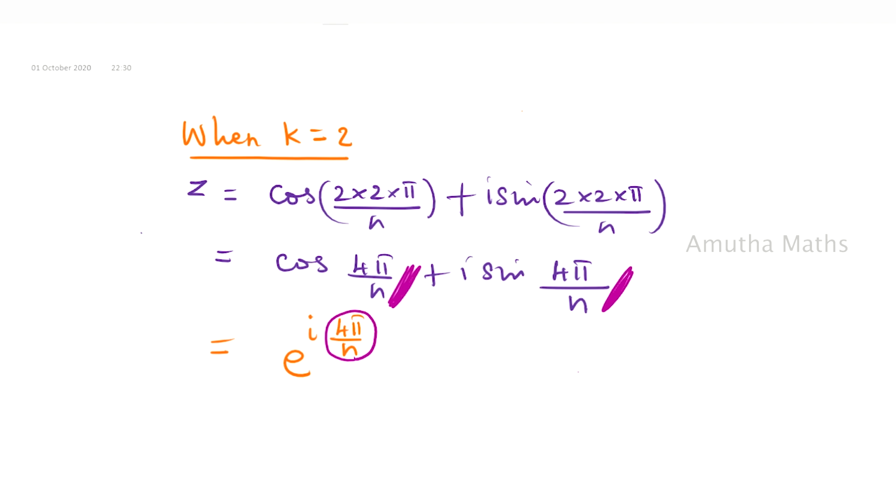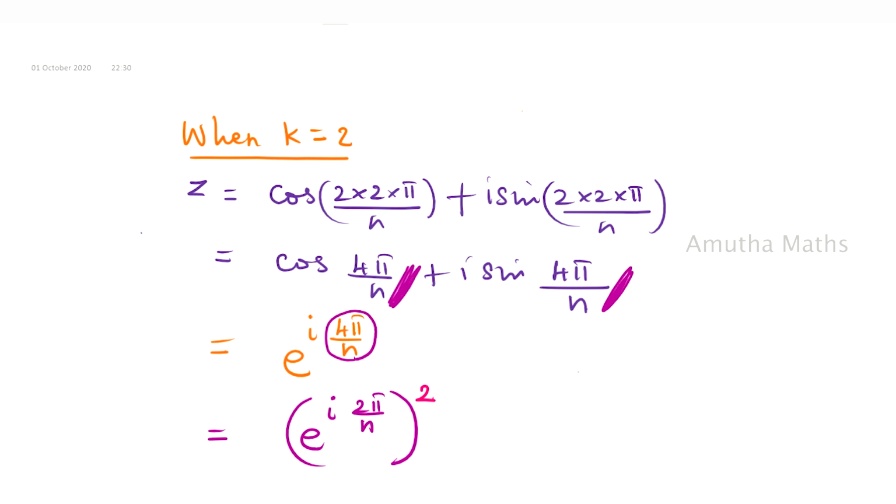Right? Now this can be written as e power i into 2 pi by n the whole square. So power to the power, multiply. So this can be written as e power i into 2 pi by n the whole square.